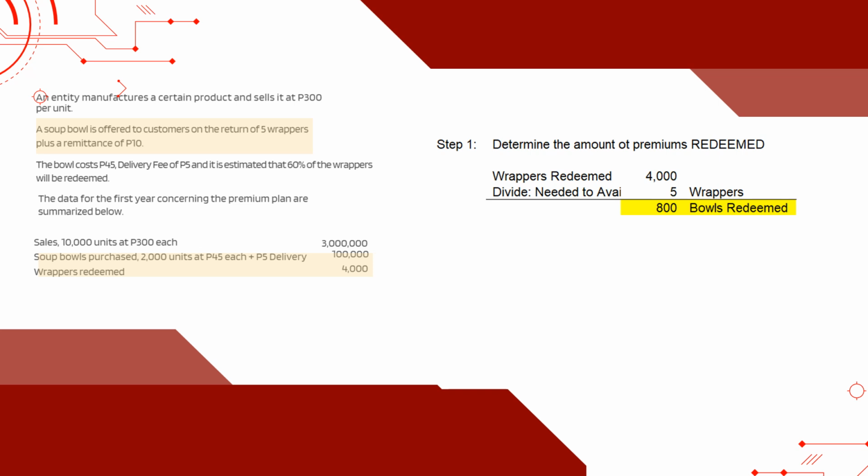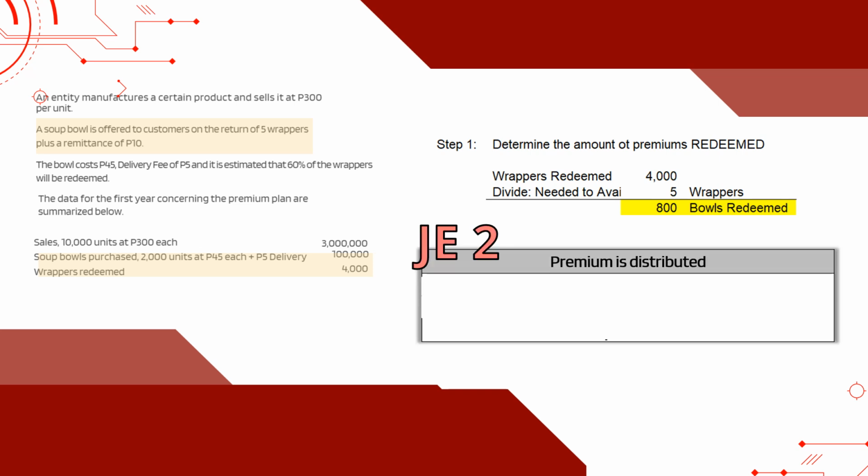So step 1 is get the number of premiums that have been redeemed: the 4,000 wrappers submitted, divide by 5, and you will get 800 bowls redeemed. And because they have been redeemed, that is when you multiply that by your net premium cost of 40 to arrive at your premium expense.